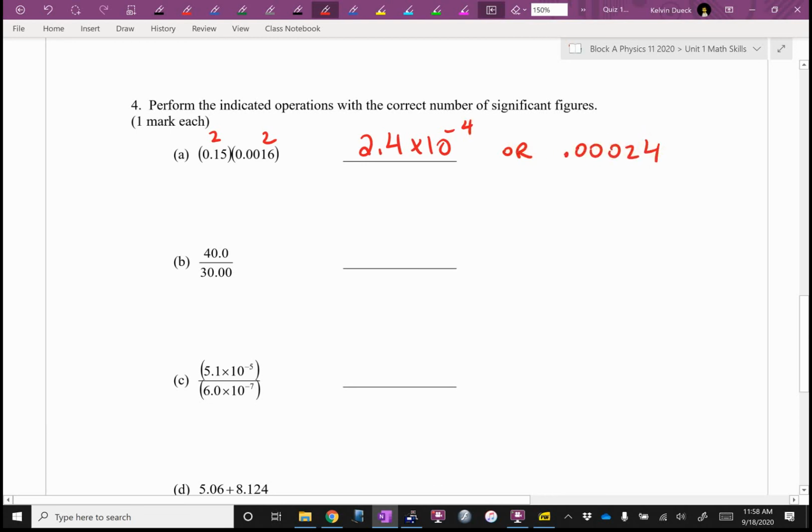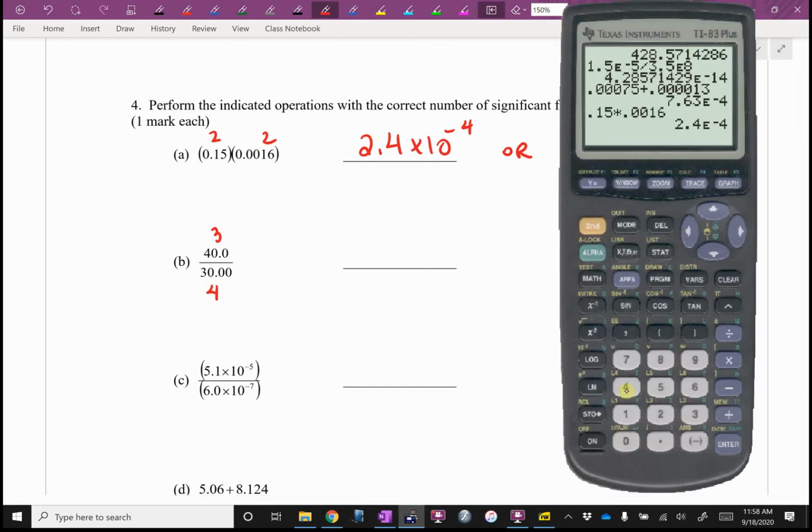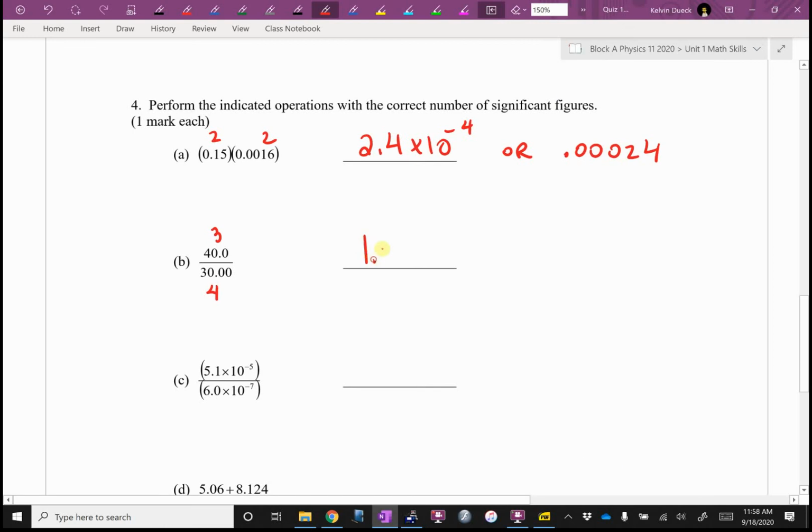Either of those are fine, all or nothing. 3 sig figs, 4 sig figs. I'm going to go to 3 sig figs. Mr. Duick, why didn't you go 40.0 divided by 30.00? Will those make a difference on my calculator in the answer? I'm lazy but organized. I'm not going to type extra stuff that I don't need to. I'll track the sig figs. How many sig figs am I going to go to? 3, 1.33. Exactly that, all or nothing.